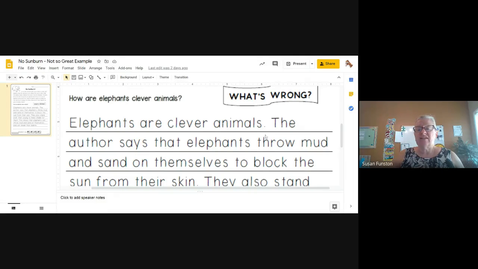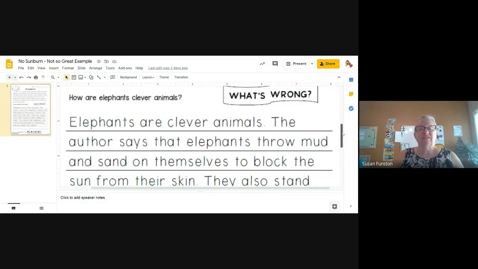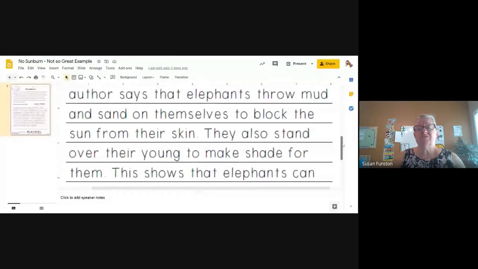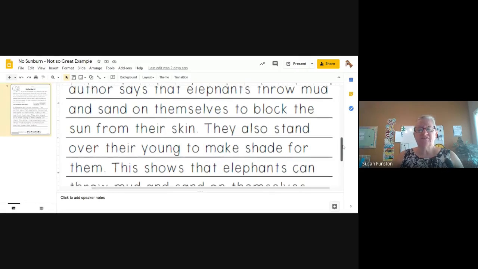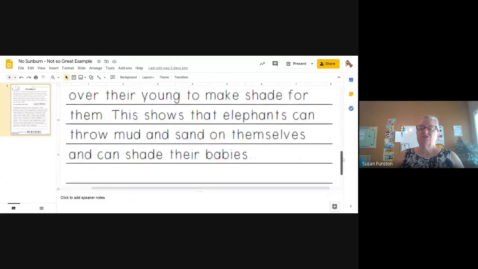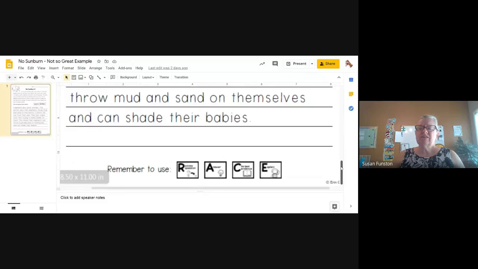The author says, so it looks like we've got some cite evidence. The author says that elephants throw mud and sand on themselves to block the sun from their skin. They also stand over their young to make shade for them. This shows that elephants can throw mud and sand on themselves and can shade their babies. So is this a great explanation? Not great.